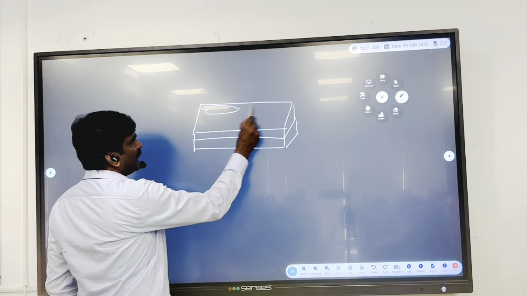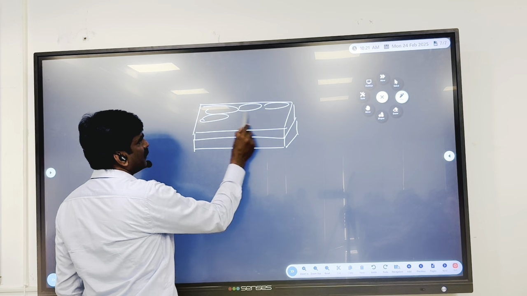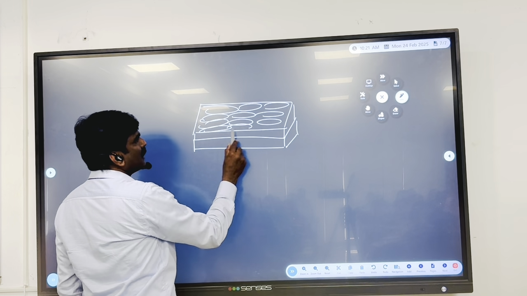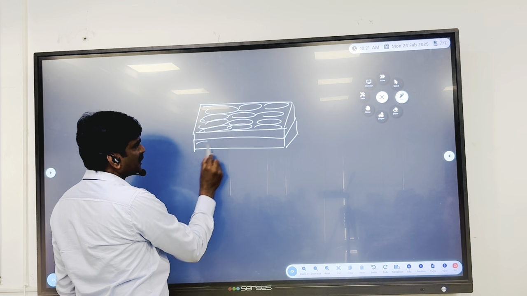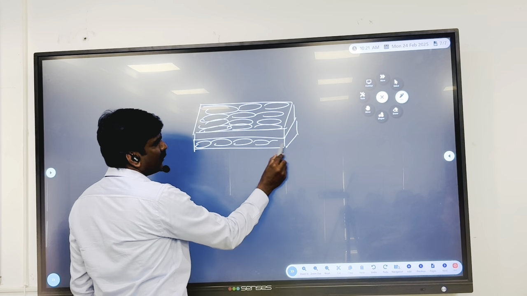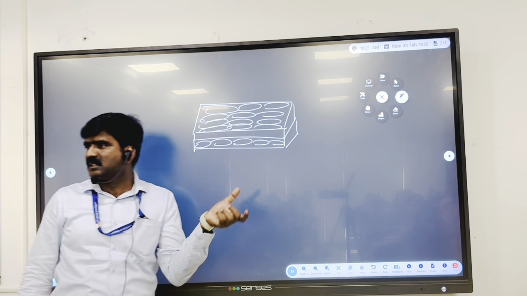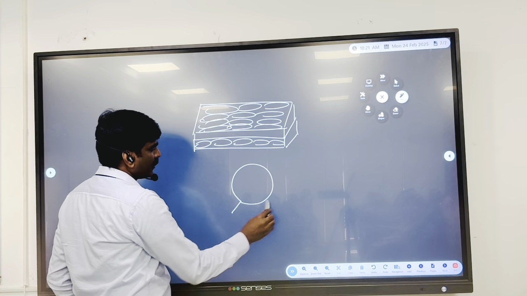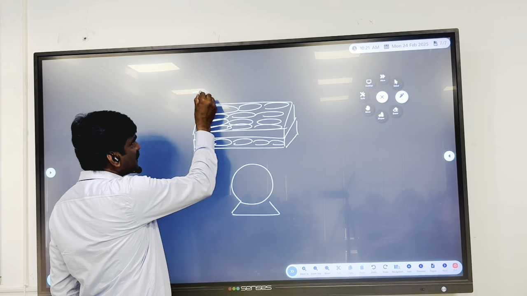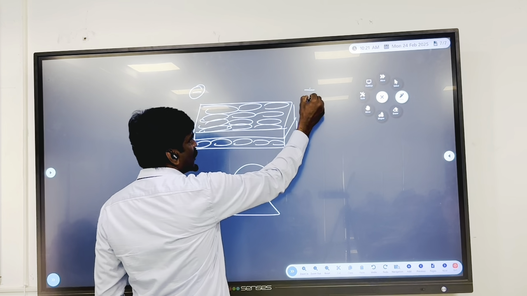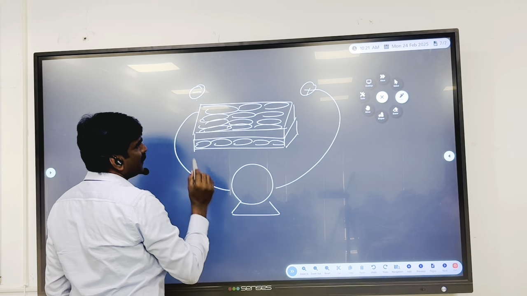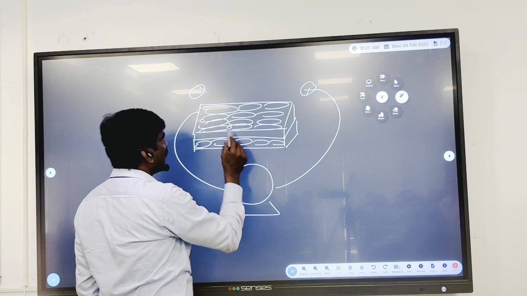So this is again the myocardial cell, but now I have increased its thickness. Same experiment I am doing here. This is the positive electrode, and the negative electrode is connected here, right?